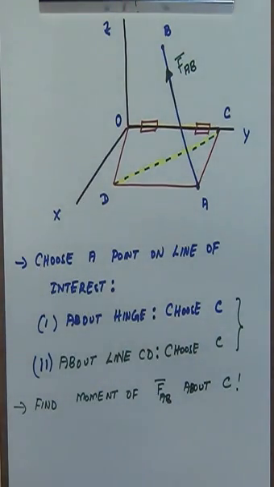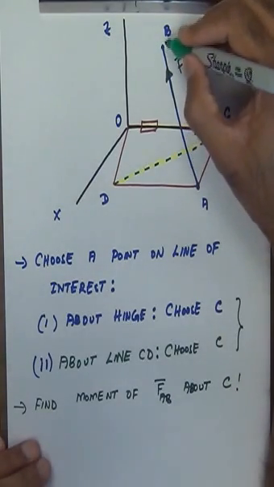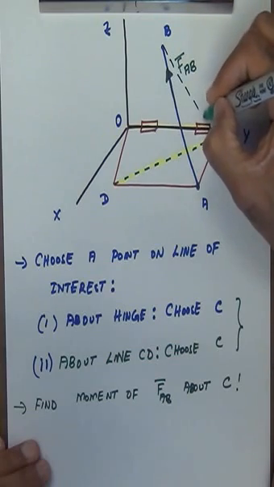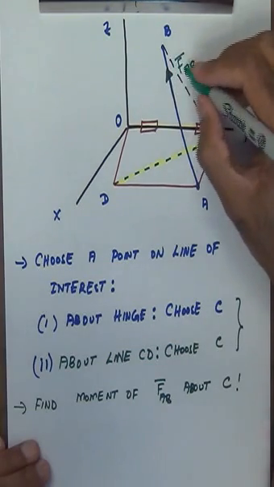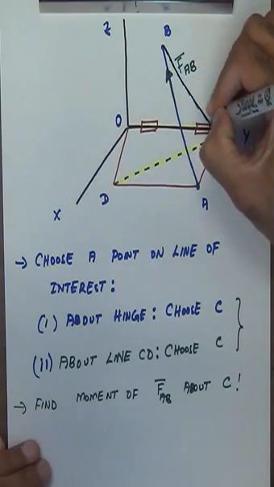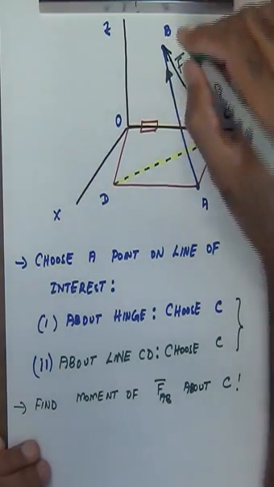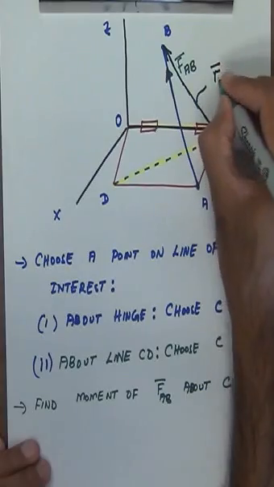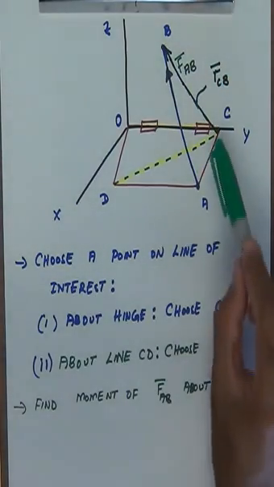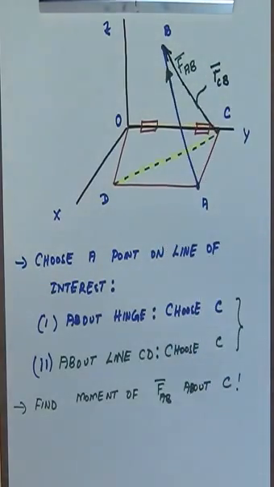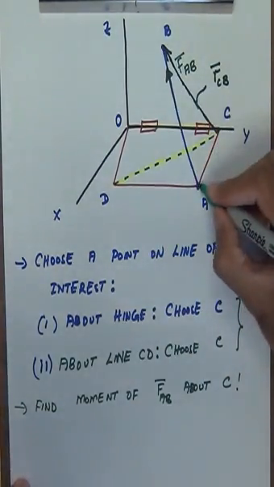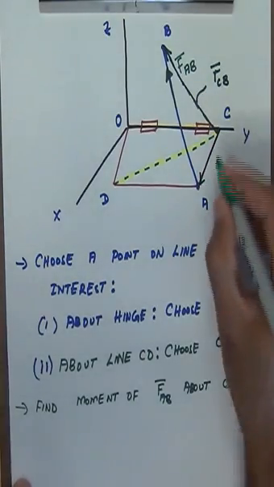So my position vector is going to be from the point C to the point B. So I'm going to be drawing it here. So this is going to be my position vector, and it's going to be RCB. It is always from the point of interest to any point in the line of action of the force. You can also choose the position vector from the point C to the point A. That is also a perfectly valid choice.